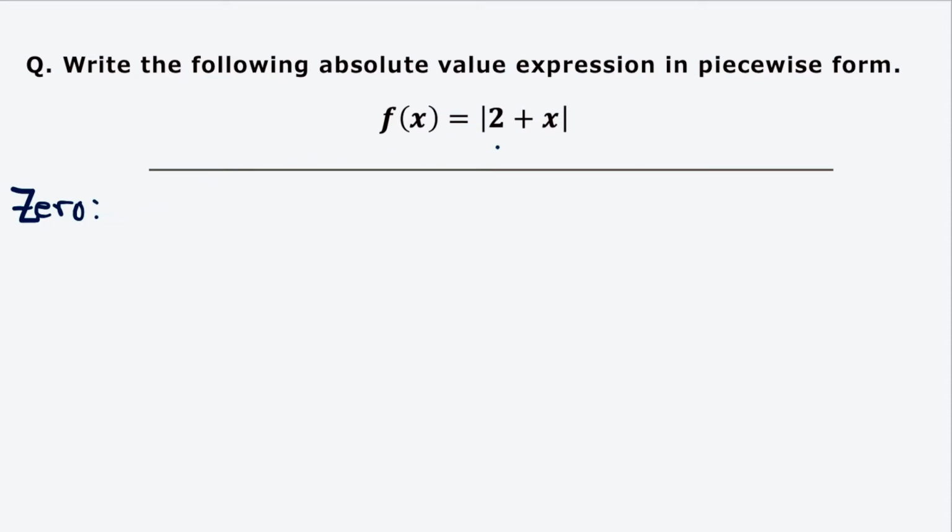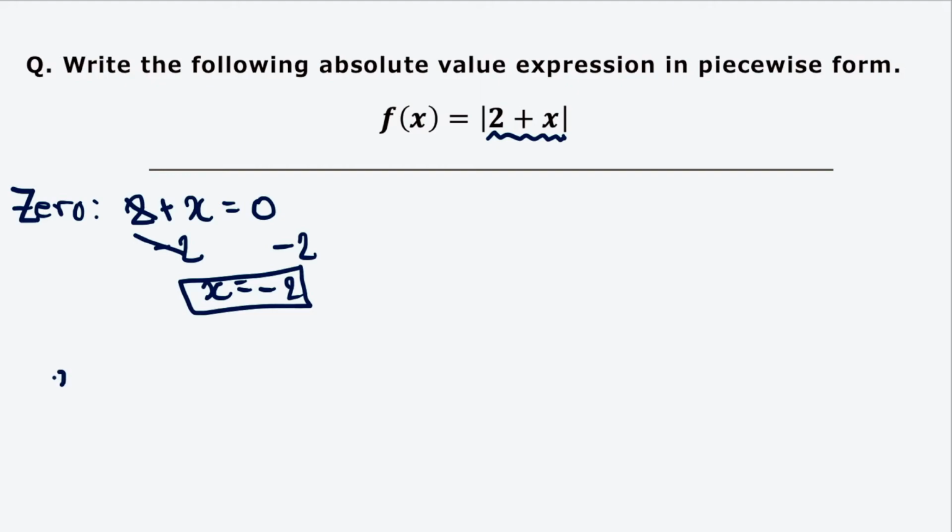When we're looking for the 0 of the expression inside of the absolute sign, we simply need to set this as 0 and isolate x by itself by subtracting 2. That gives x is negative 2.